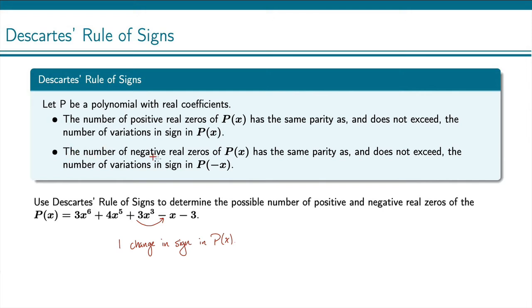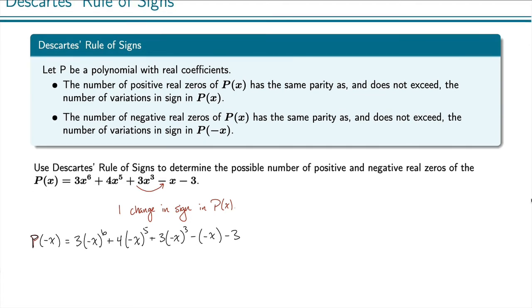The next part is the number of negative real zeros of p of x comes down to the number of variations of sign in p of negative x. So now we're going to look at p of negative x. We plug negative x into this: 3 times negative x to the 6 plus 4 times negative x to the 5 plus 3 times negative x cubed minus negative x minus 3.